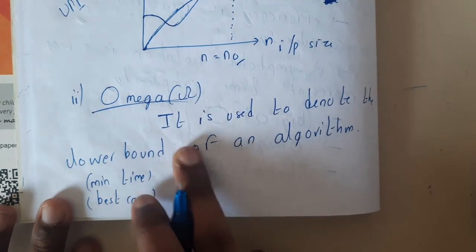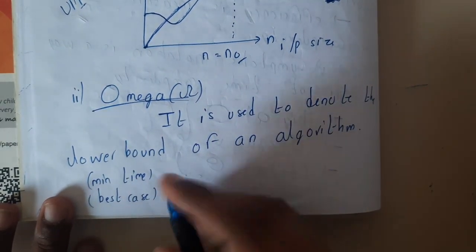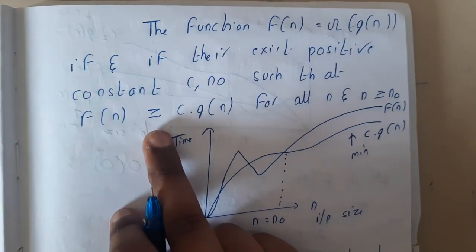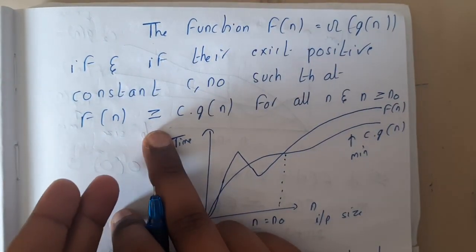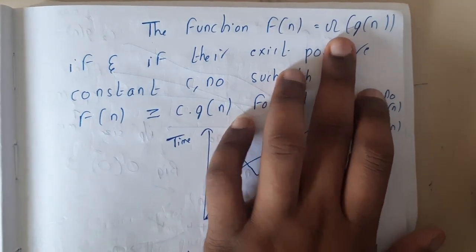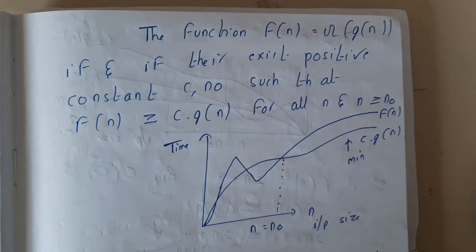So omega is used to denote the lower bound of an algorithm, that is nothing but the minimum or the best case. Again the same definition with just the symbol change. There we had less than, here we have greater than, and instead of big O we have omega.